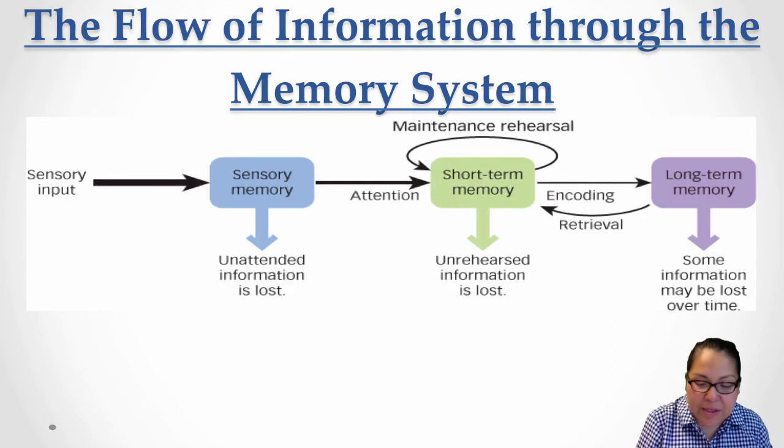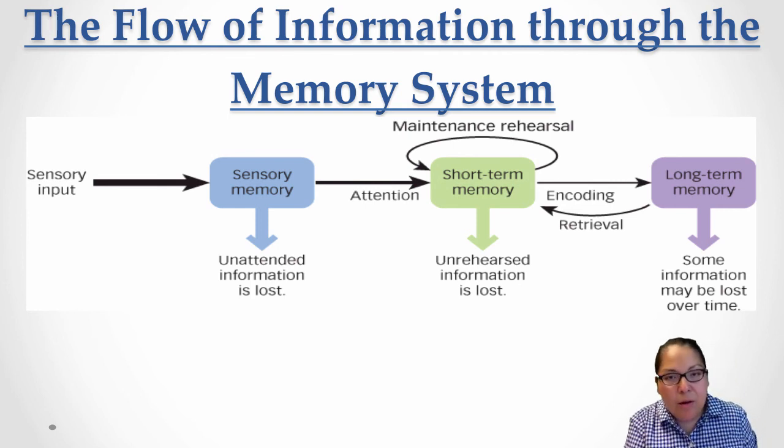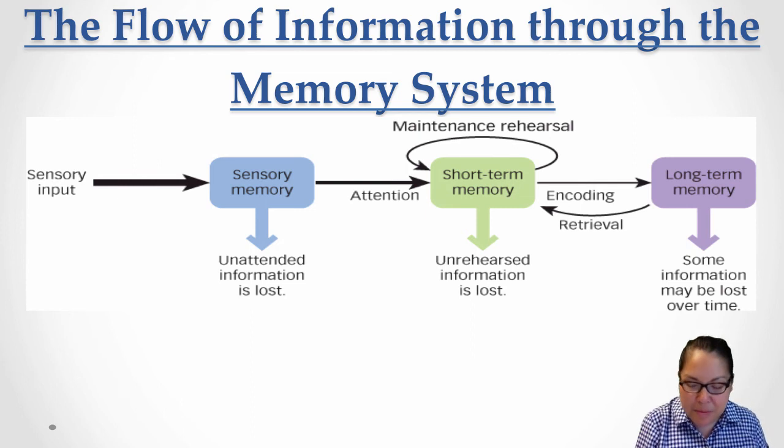So here we see the flow through our memory system when our brain senses any type of information or perceives anything that's going on in our environment. While you're listening to this lecture, if you're not actively attending to what I'm saying by writing notes or thinking about the information I'm presenting, you'll miss encoding this information into your memory.